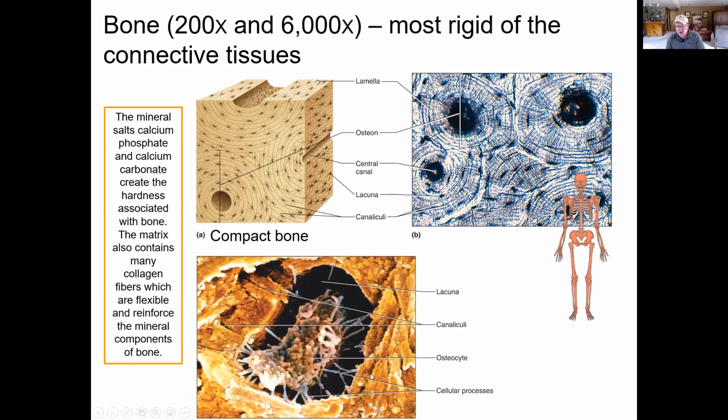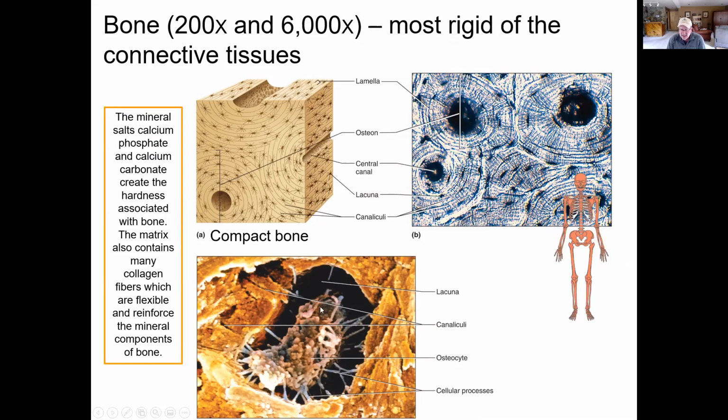And it's usually a 1-to-1 ratio, 1 osteocyte per lacuna. Okay, so the space or cavity within which the osteocyte resides is the lacuna. I want you to note that emanating from this osteocyte are small little cytoplasmic extensions. They label them here cellular processes.